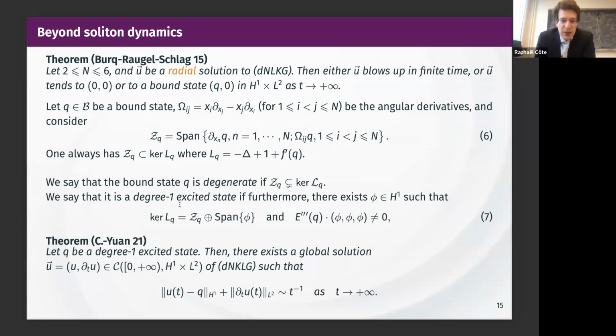And if you look at the simplest case, which we call degree 1, that is, the kernel of the linearized operator is spanned by ZQ plus only one direction, and this direction is generic, is not degenerate either, in the sense that this quantity is non-zero, and this quantity is actually the third order term. So we need to have the third order term not zero. Then you can cook up a solution as in the theorem.